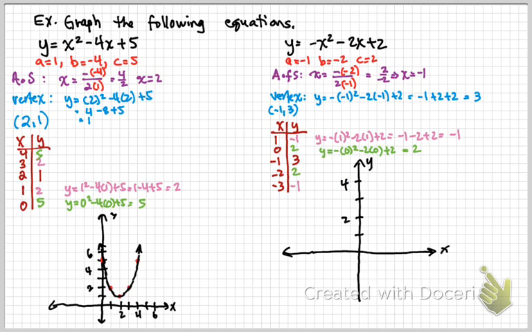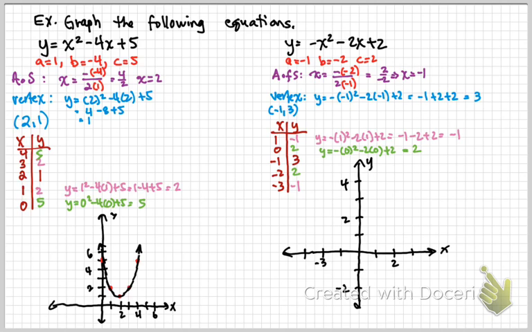And then we're going to go 1, 2, 1, 2, 1, 2. Okay, and then I'm just going to plot my 5 points.